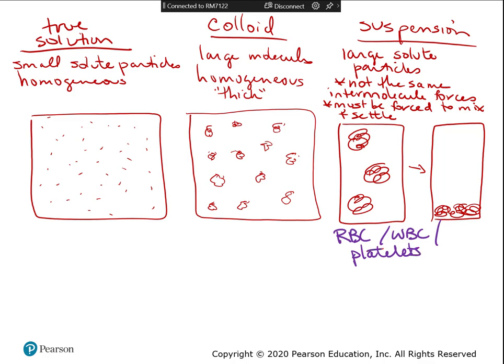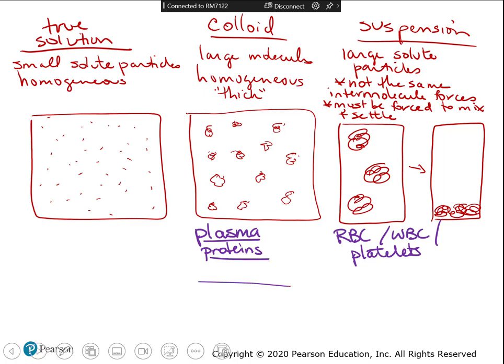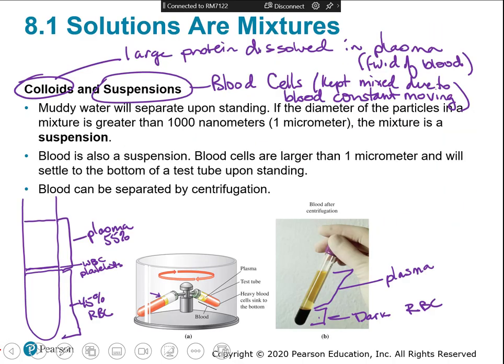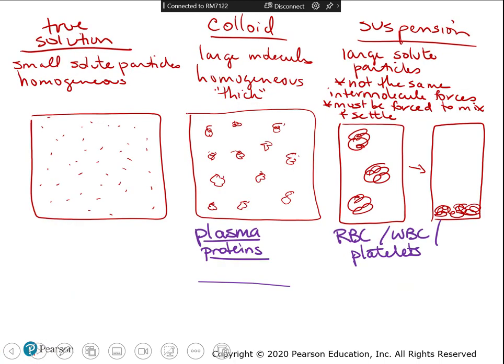Colloids, large molecules, but still the solution stays homogeneous. This is in plasma. So plasma has what are called plasma proteins. If you go back and look at that plasma content, that yellowish, straw-looking liquid, plasma proteins include albumin.